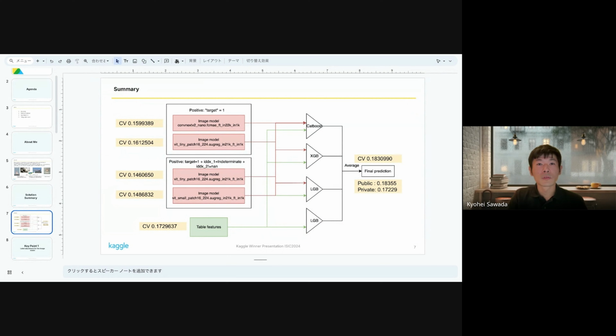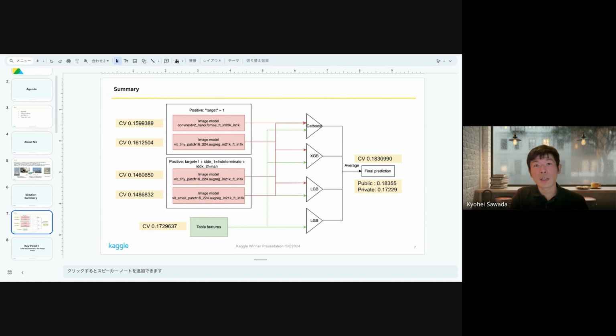Okay, let's move on to the solution summary. So here is a quick summary of my solution. I used four image models and their outputs were fed into three GBDT models. In addition, there was another GBDT model that only used the table features. I believe many participants used a similar approach based on the public notebook shared during the competition.